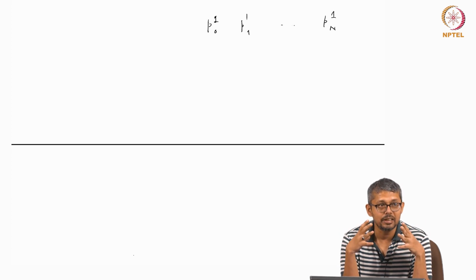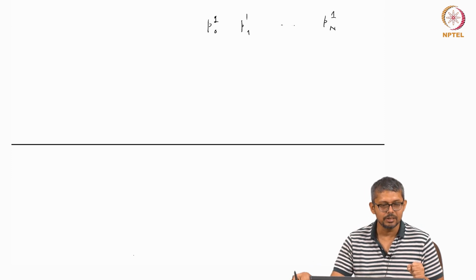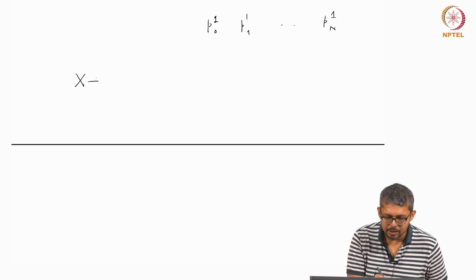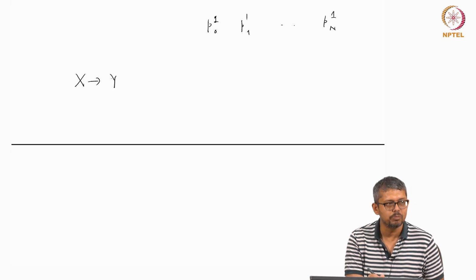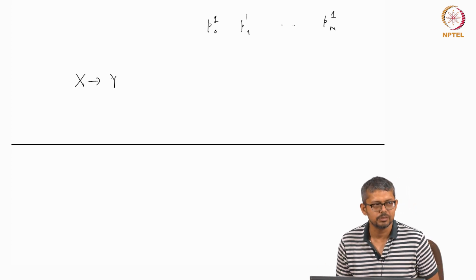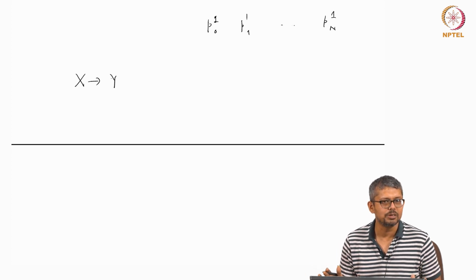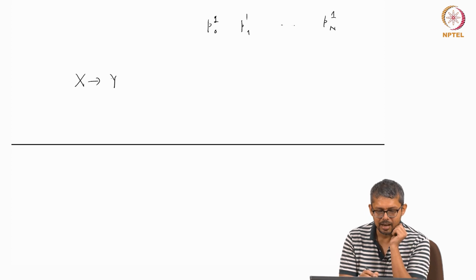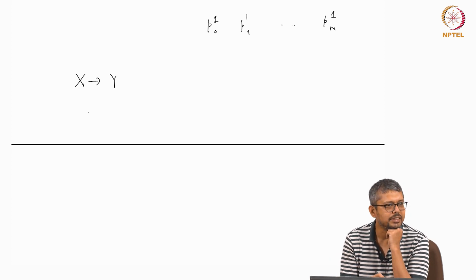So now you study the properties of morphisms. What do you mean by that? That means if you have a map from X to Y, what is the simplest morphism? The simplest morphisms are isomorphisms. But if it is not an isomorphism, then the simplest map is one where the fibers are finite.